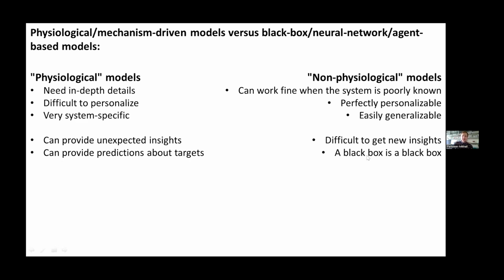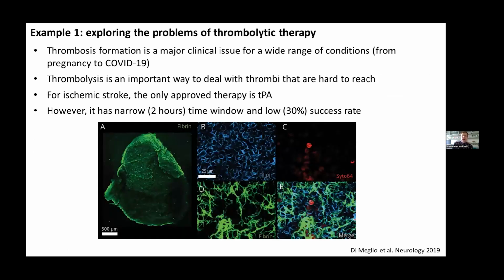But the limitation of those models is that in a model, you cannot see what happens at the low level. So identification of targets, for example, could be difficult. I will talk about a couple of examples.